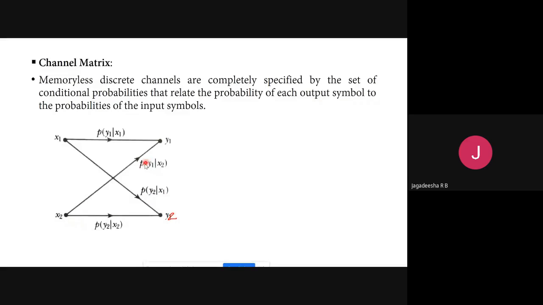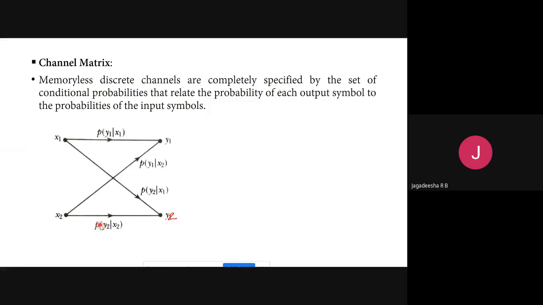Similarly, in this case, you know what you have transmitted, x2. You have transmitted x2, maybe 0 or 1. And now you do not know what is y1. You are expecting with a certain probability, maybe 50% there is a chance that y1 will be 1 or it is 0. Similarly, in this case, you have transmitted x2. You know what's the value of x2. x2 is 0.